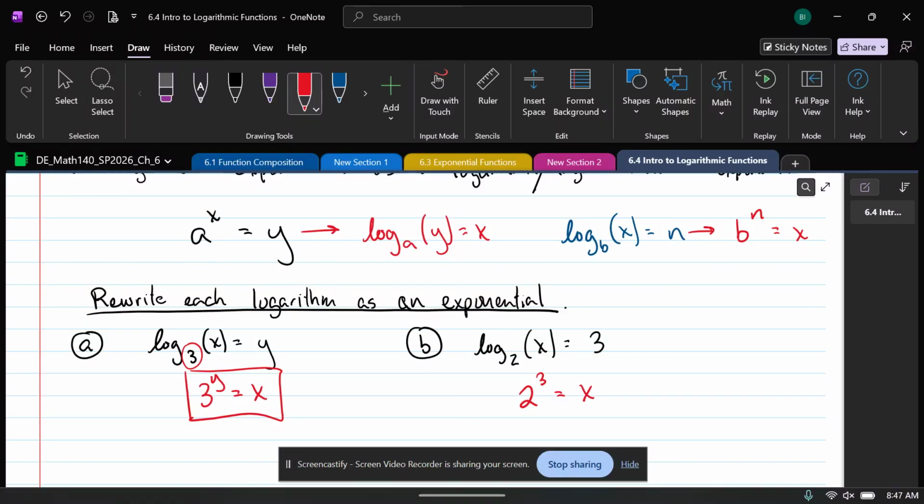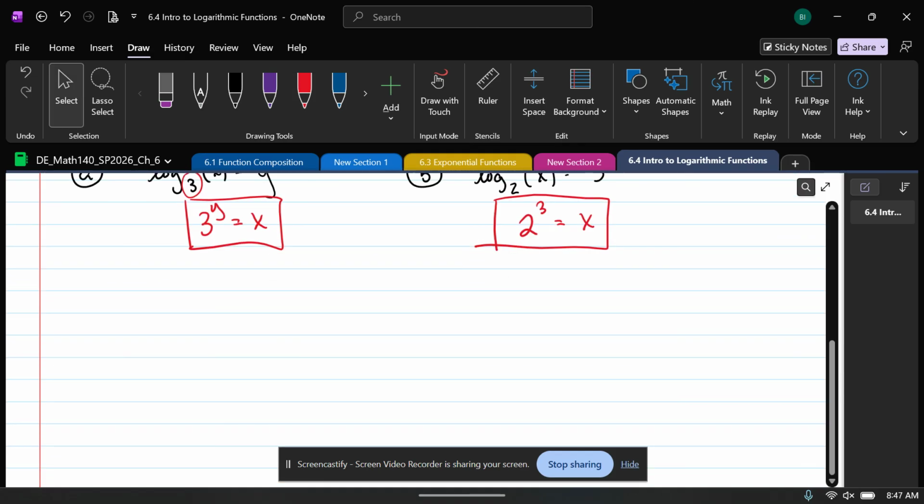Now this would be a case where rewriting that logarithm as an exponential allowed us to solve for x. That's kind of the idea where we're headed. Because we can work out now 2 to the third power. Over here, this looks a little weird, but this is math we can do, right? So that's the purpose of doing that. We're not even going to simplify that out. We're just rewriting.